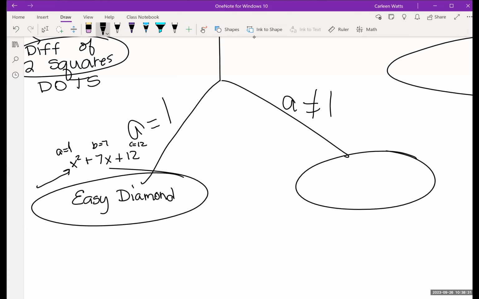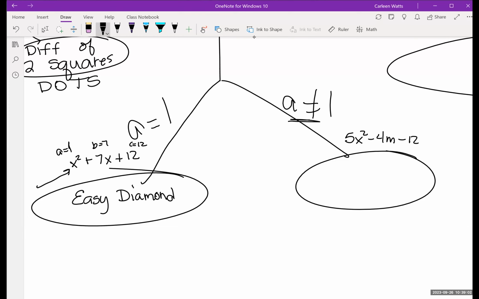Then you're going to have a group of problems that are much harder. All of a sudden, a coefficient shows up in front of the x squared term. Notice A does not equal 1, because we know A is the coefficient in front of the x squared.